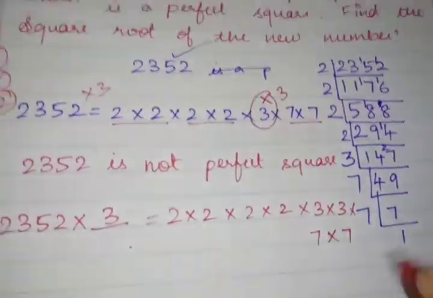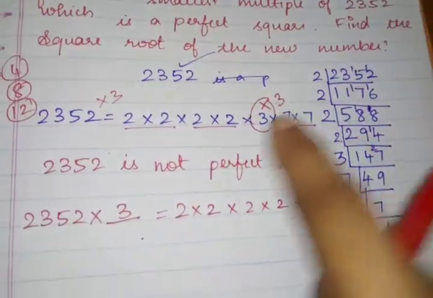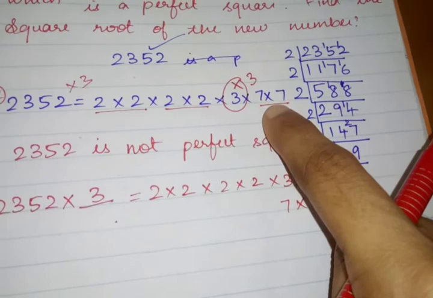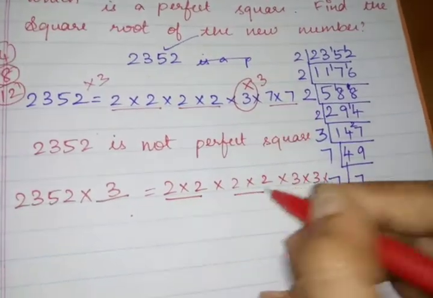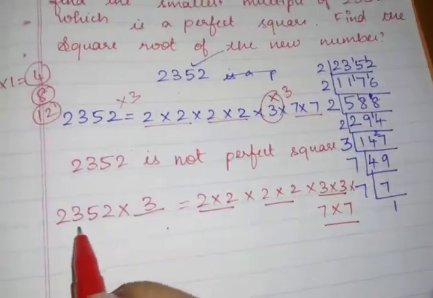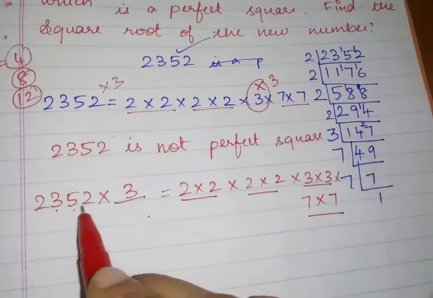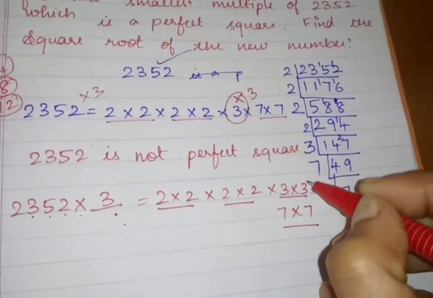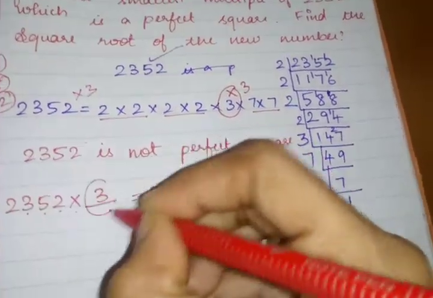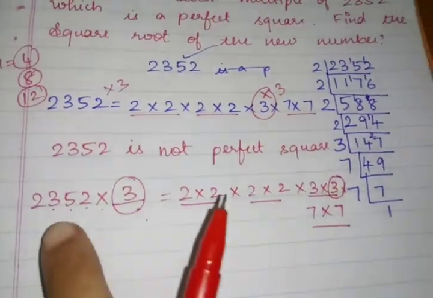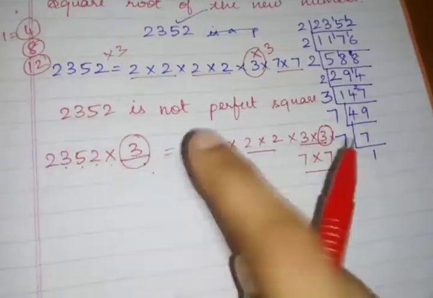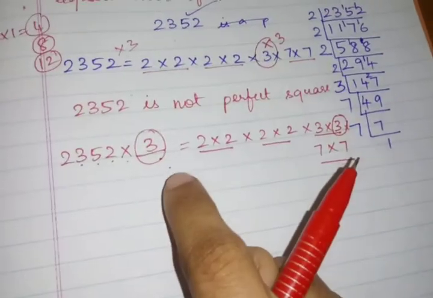So listen, if I multiply by 3 here, this will become a perfect square number because all pairing takes place here. So obviously 2352 into 3. So I have got a multiple of 3. How do we get the multiple of 3?